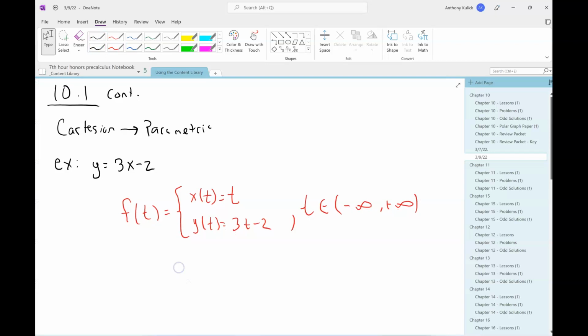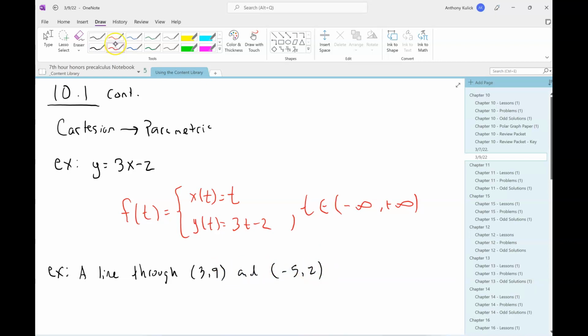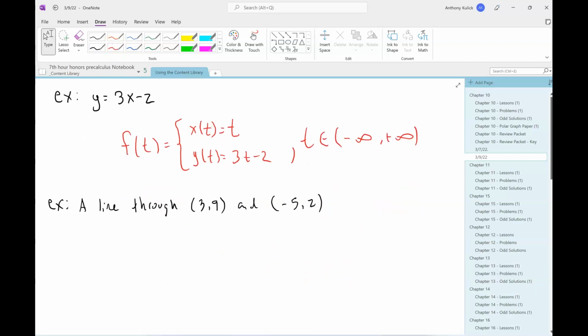Okay. We'll do 2 more examples where maybe it's not quite as straightforward as being given a function. What if we want the parameterization for a line that goes through the points (3, 9) and (-5, 2)?